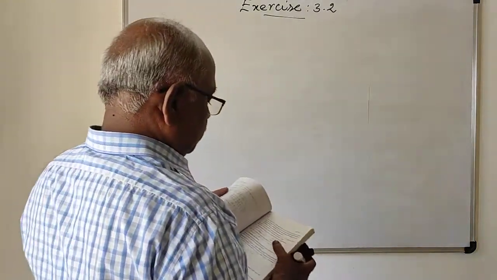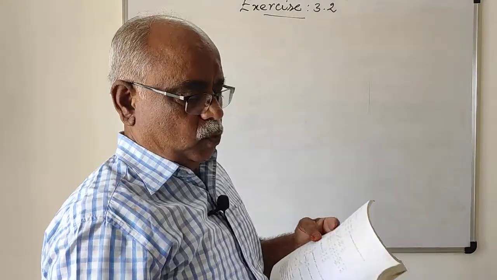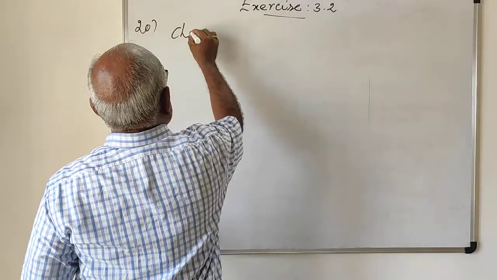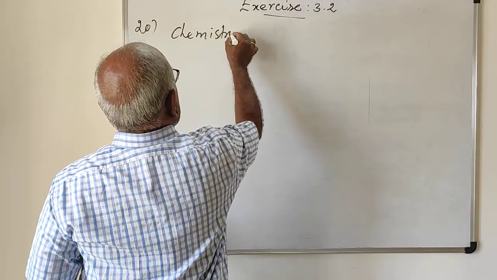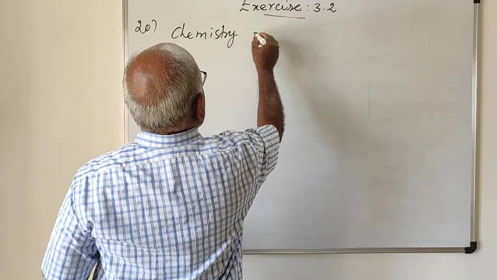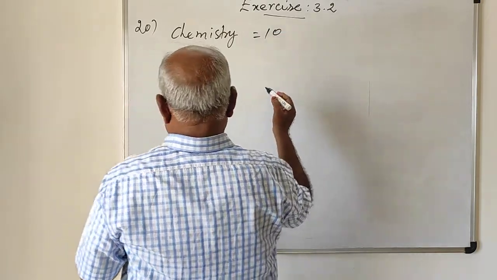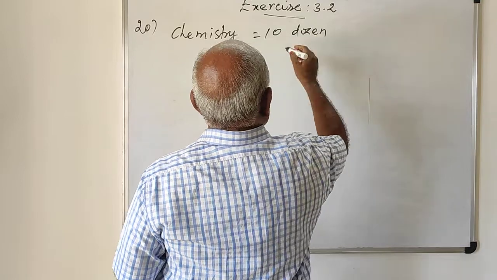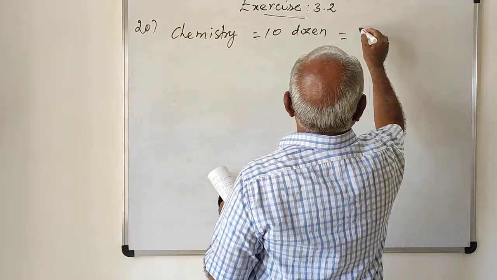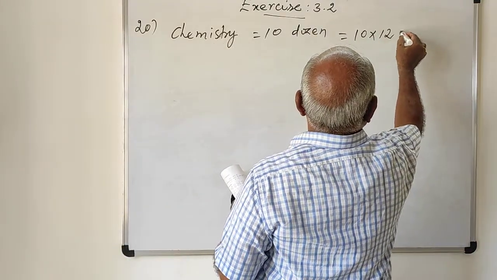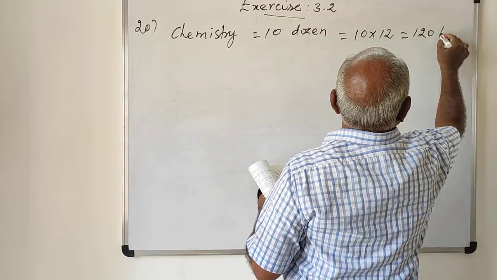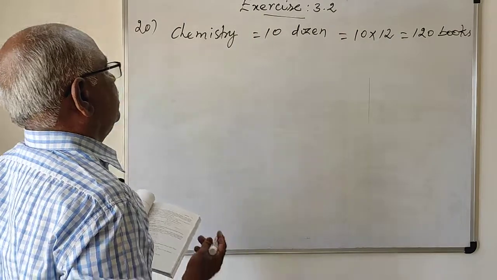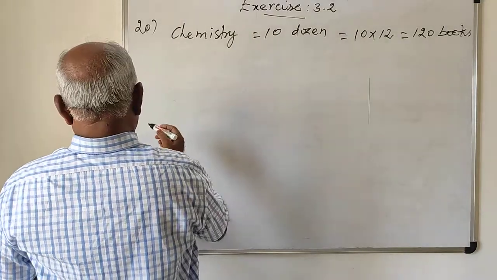In this problem, a bookshop of a particular school has 10 dozen chemistry books, that is equal to 10 into 12, 120 chemistry books. One dozen contains 12 books, therefore 10 dozen is 120 books.